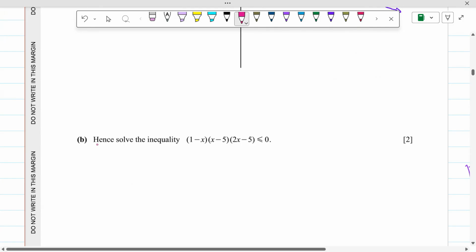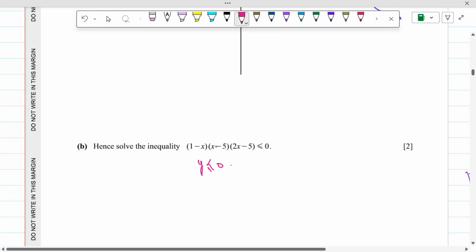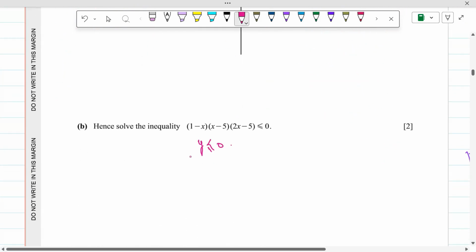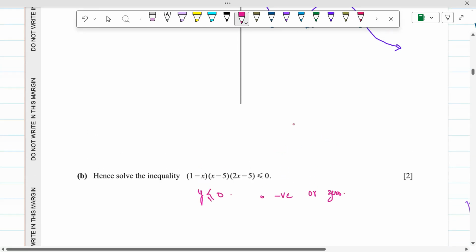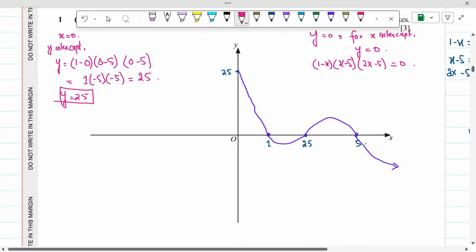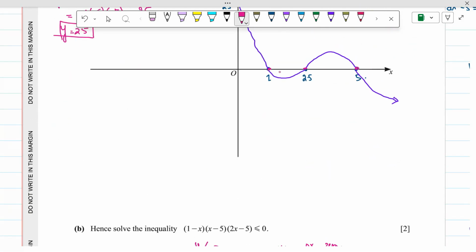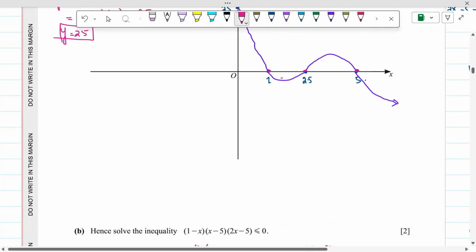Now part b: solve the inequality y is less than or equal to 0. This means y should be negative or 0. For what values of x will y be negative or 0? We just calculated that y is 0 at these three points, and negative where the sketch is below the x-axis, while above the x-axis y is positive.